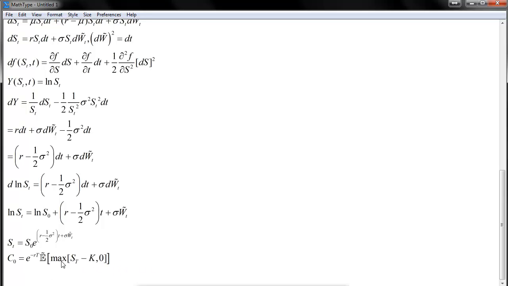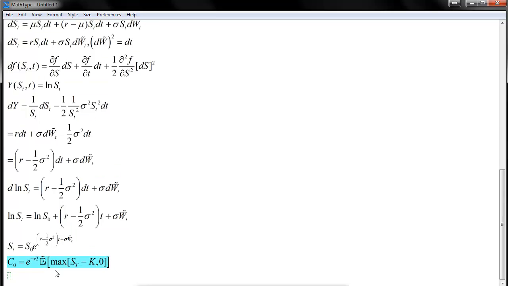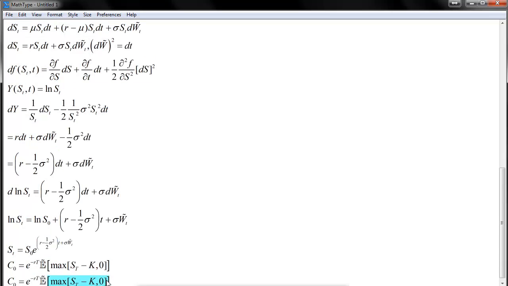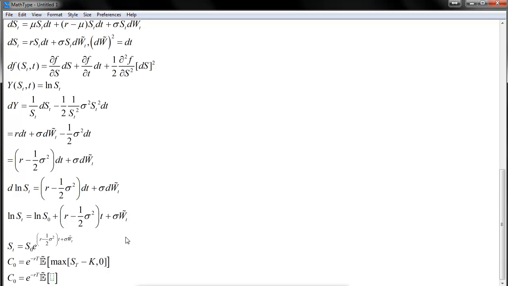So the only thing I need to tackle is the maximum function of s t minus k and 0. Let me rewrite this using slightly different notation. I'll use the so-called indicator function. So the maximum of this is perfectly equal to the indicator function times s t minus k.